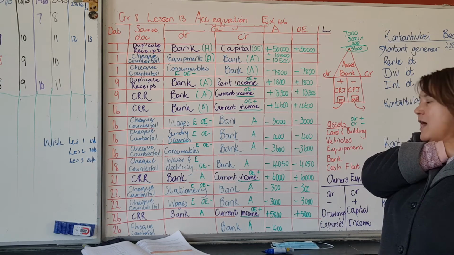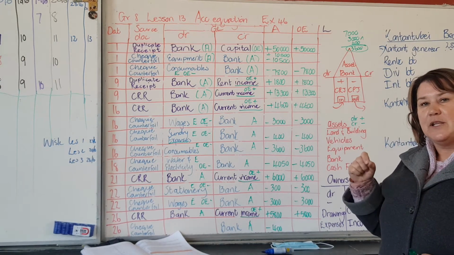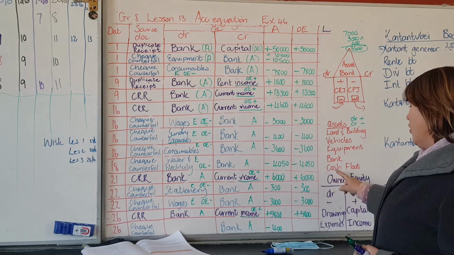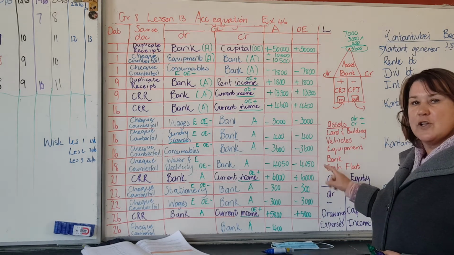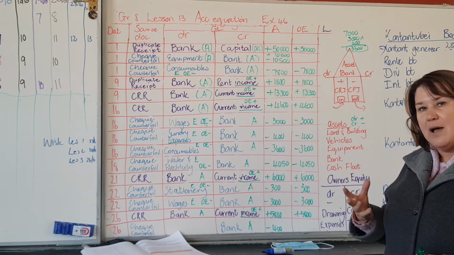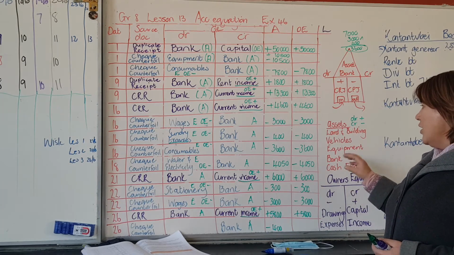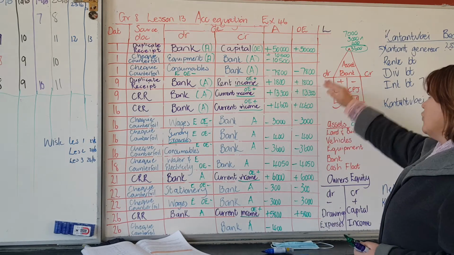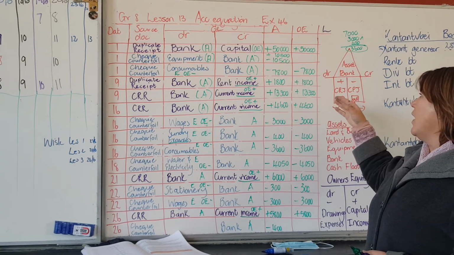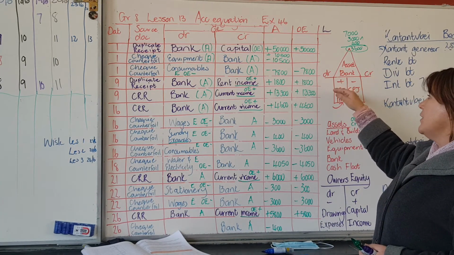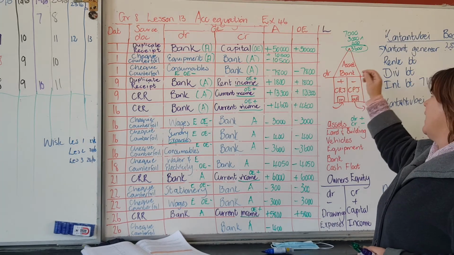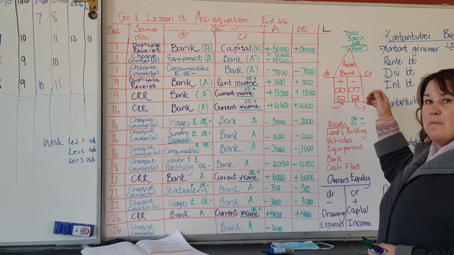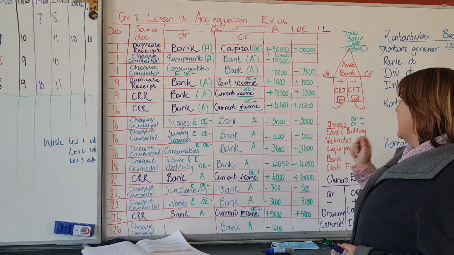We take money out of our bank account and put it into our cash registers as cash float. That's the change for our clients. Alright, so the only asset at this stage that's going to increase and decrease is your bank. And that I've showed. Why? Because bank increases when you receive money and bank decreases when you pay out, make a payment.